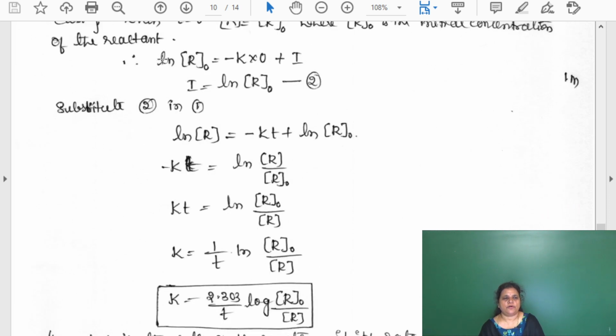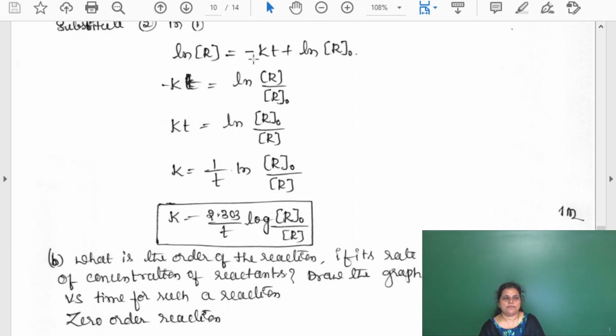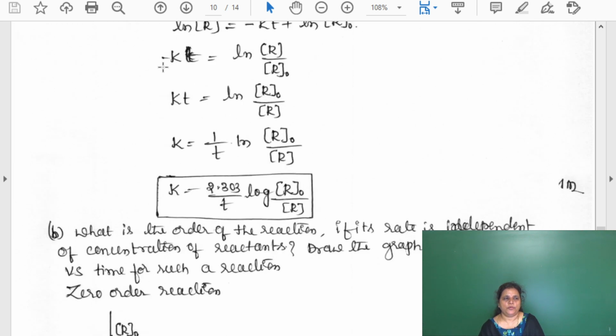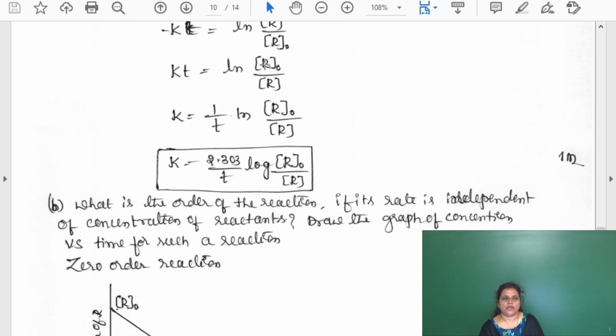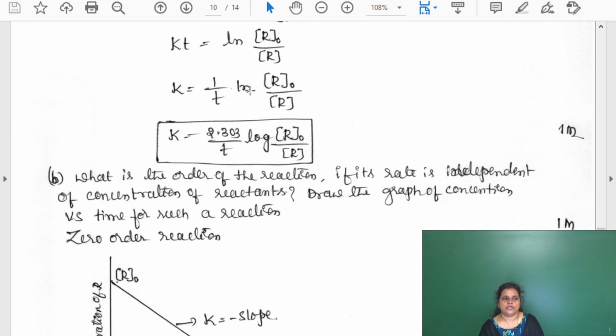And substitute the value of I in the equation, substitute 2 in 1. So simplify it, and what you get, minus kt is equal to ln [R] by [R] naught. So to remove the negative sign here, just take a reciprocal of it, what you get, kt is equal to ln [R] naught by [R]. So what is k? k is equal to 1 by t ln [R] naught by [R].